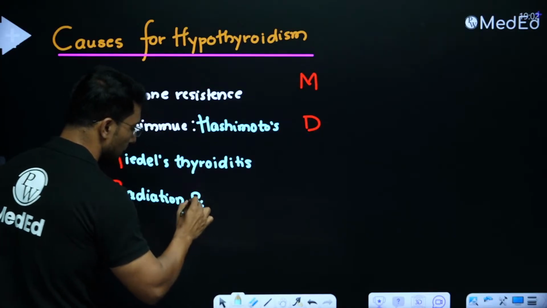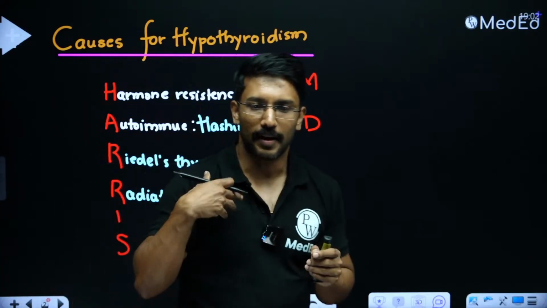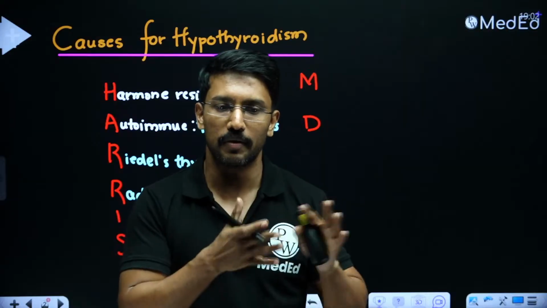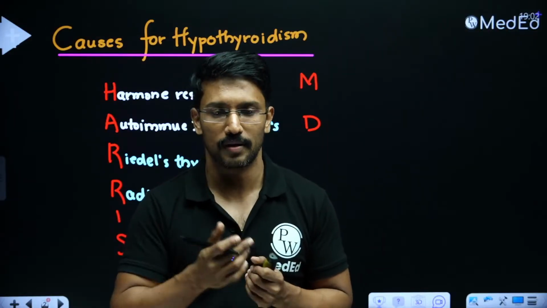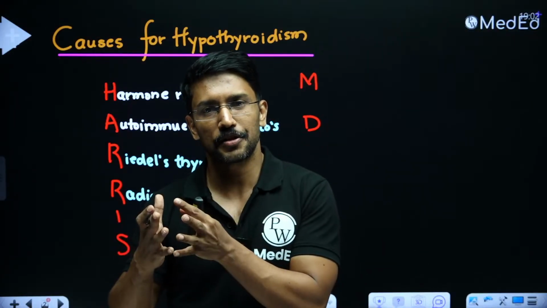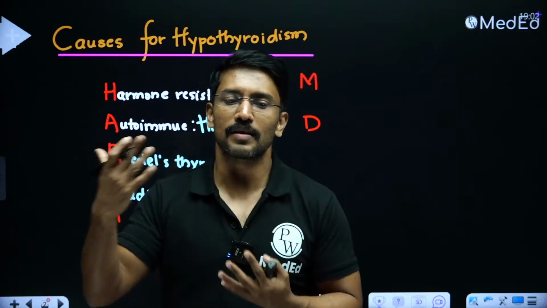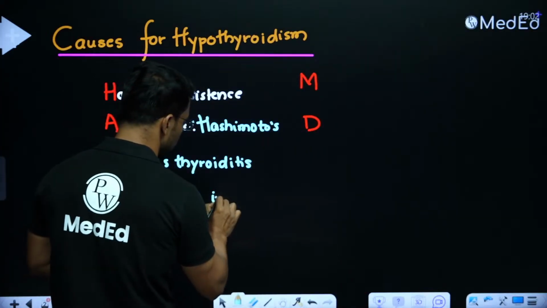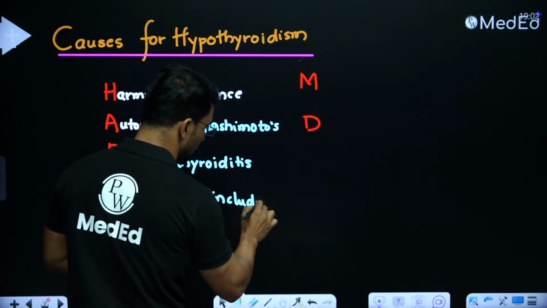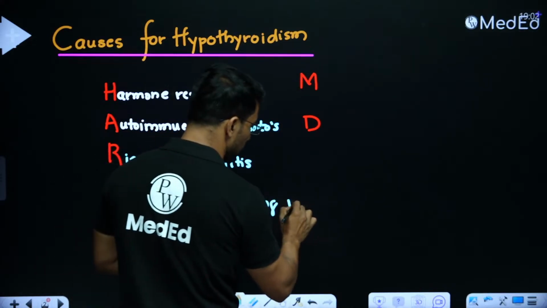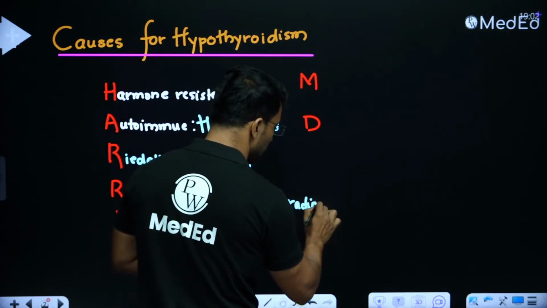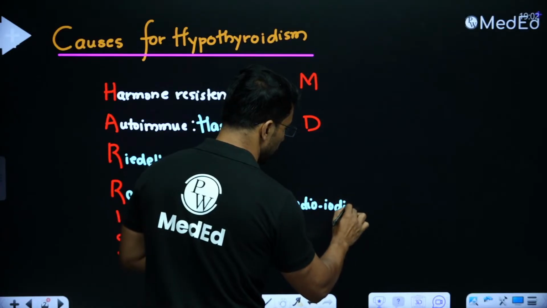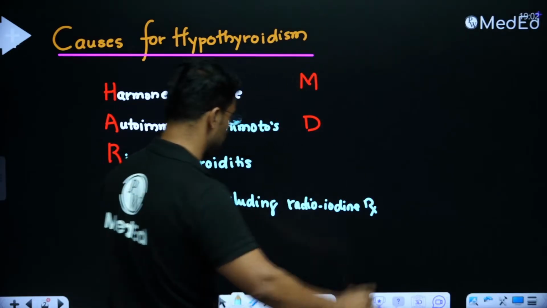Radiation therapy, which could be either we are trying to treat the thyroid disease itself by giving radiation to the thyroid gland like radioiodine therapy, or it could be radiation given to the neck for other malignant conditions, right? Radiation therapy including radioiodine therapy, which is usually done for the treatment of Graves' disease.